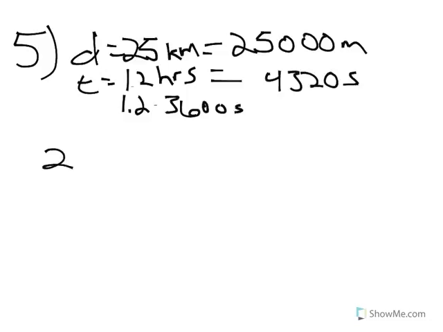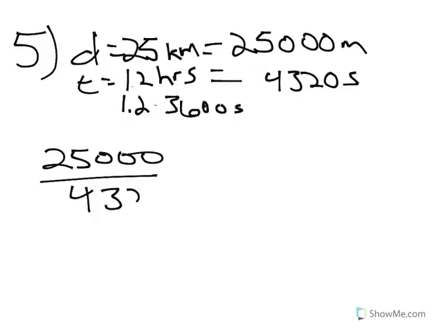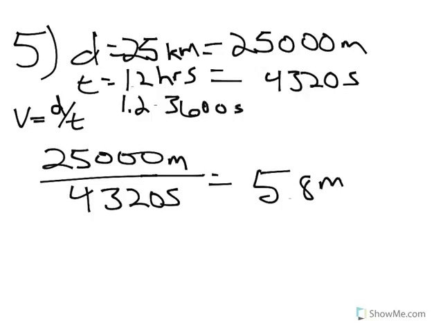Now you do 25,000 divided by 4,320 seconds, because we're just looking for the speed, so all we have to do is v equals d over t. So we do that, and we should get 5.8 meters per second.